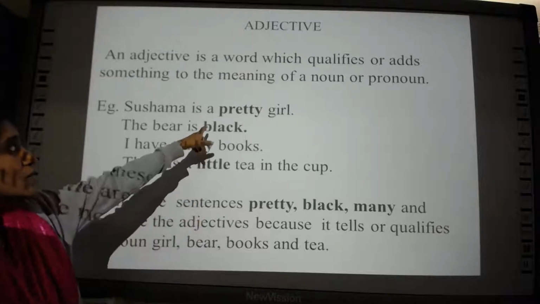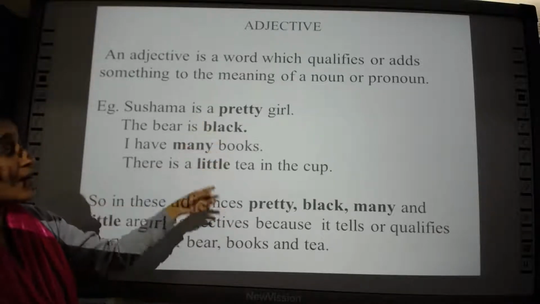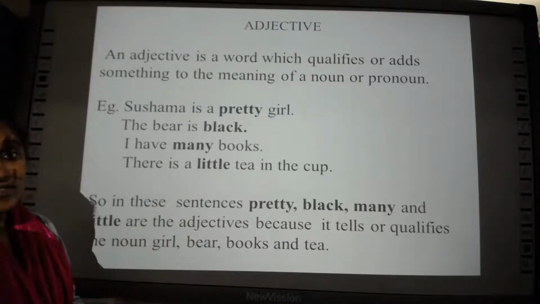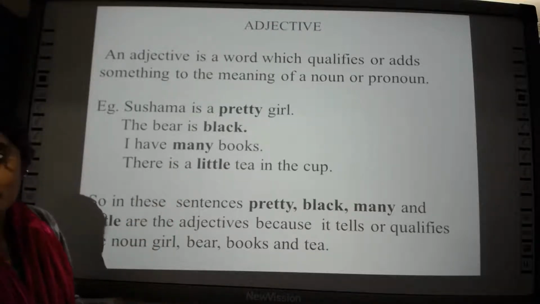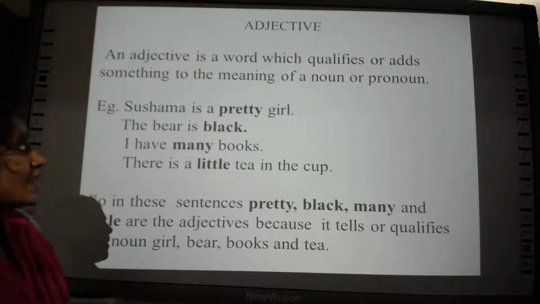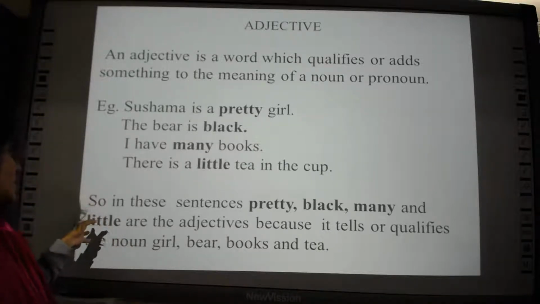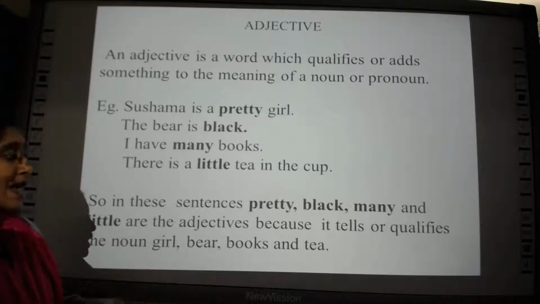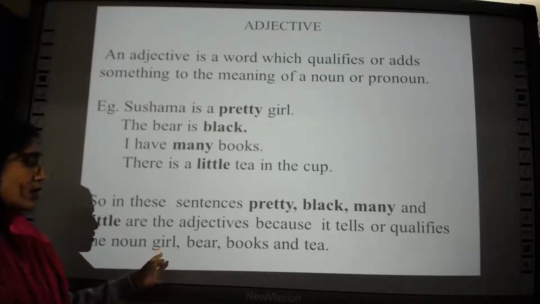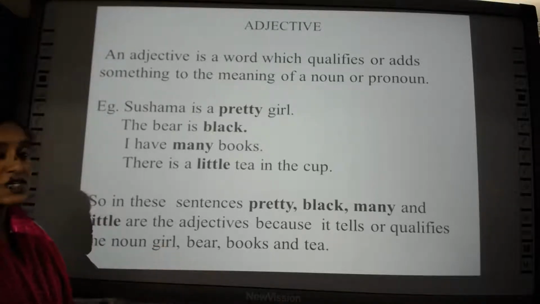So these words, pretty, black, many, little, etc., can be called adjectives because they qualify the nouns girl, bear, books, tea, etc.